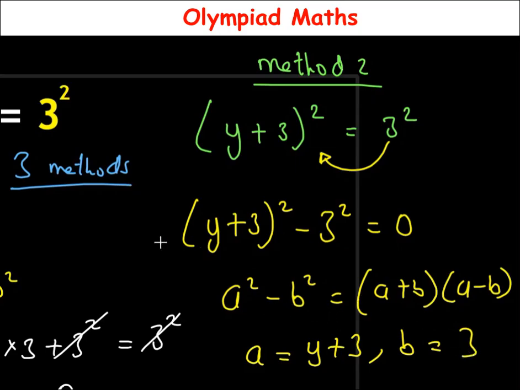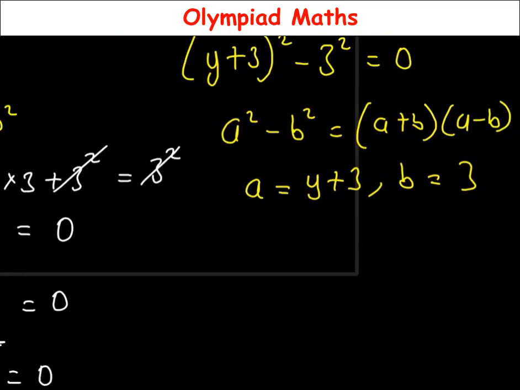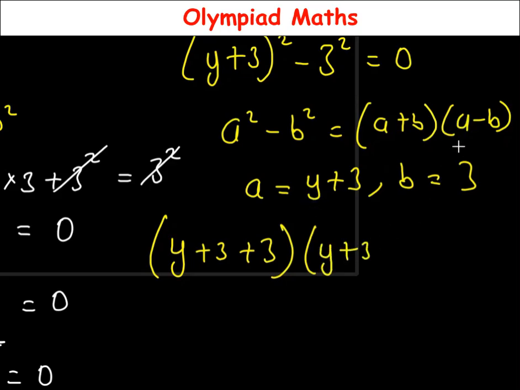So expanding this, in brackets, a is y + 3, plus b is 3, multiplied by, in brackets, a is y + 3, minus b is 3. So it's all equal to 0.